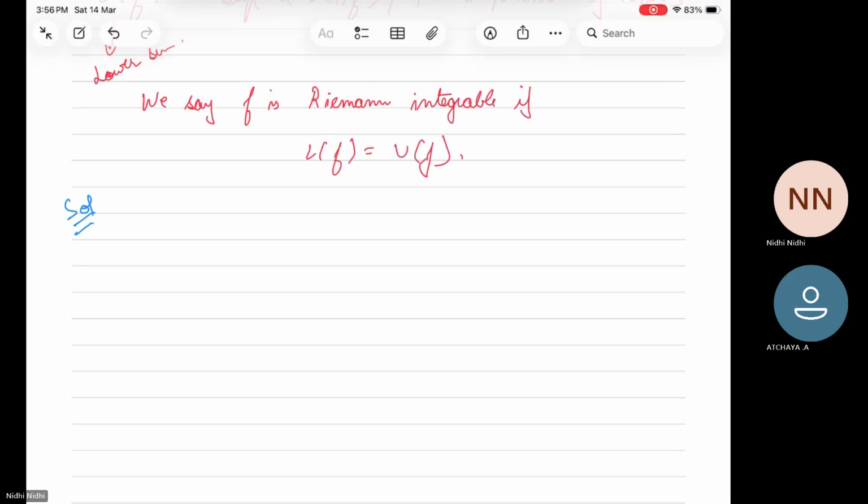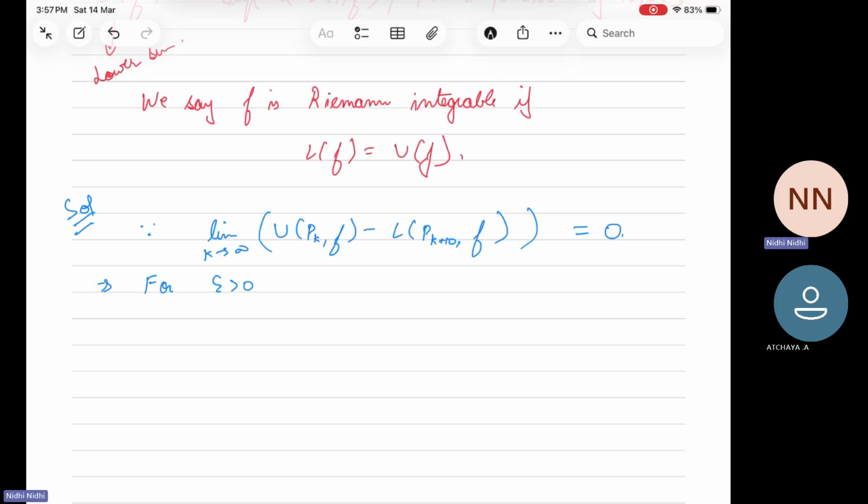Now, since we are given that the limit as k tends to infinity of UPKF minus LPK plus 10F is equal to 0, by the definition of limit, for any positive epsilon, we can find a natural number n such that the modulus of UPKF minus LPK plus 10F is less than epsilon for all k greater than or equal to n.